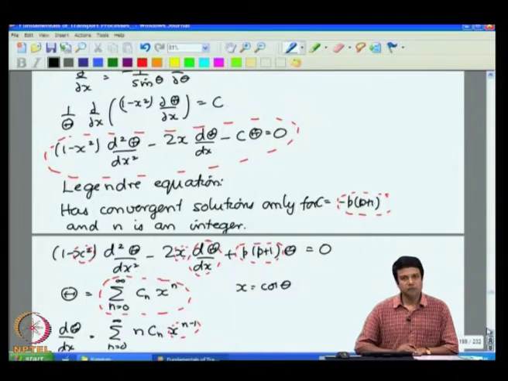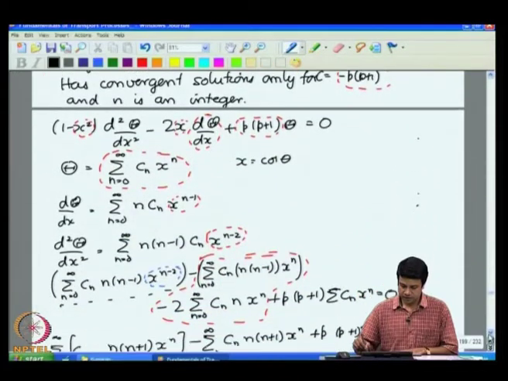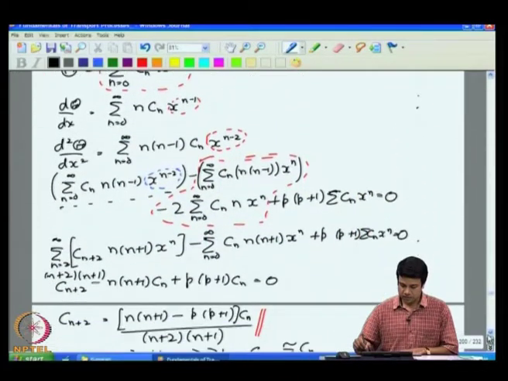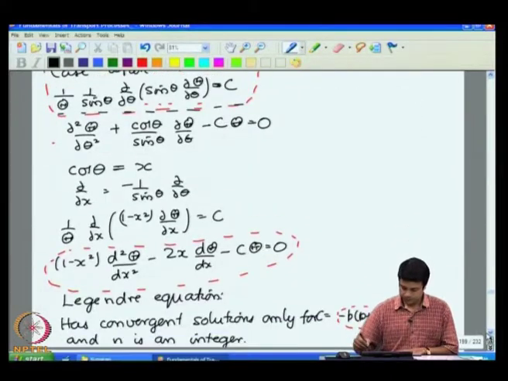I showed you by means of a series solution that if the polynomials are to be finite both at theta equal to 0 and theta equal to pi, or at x equal to minus 1 and x equal to plus 1, the constant in the equation has to be of the form n into n plus 1.